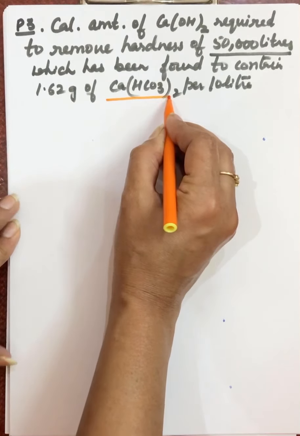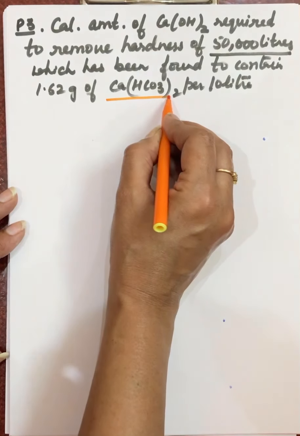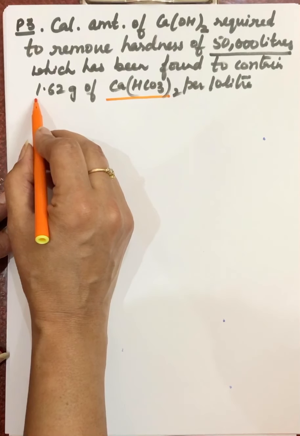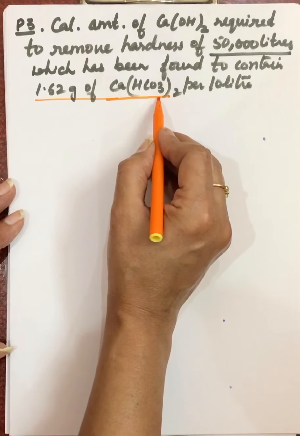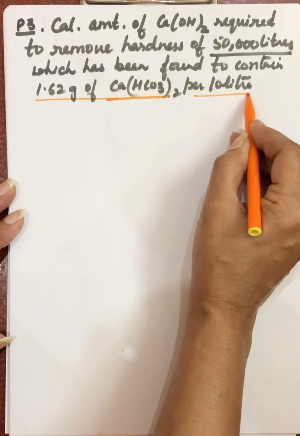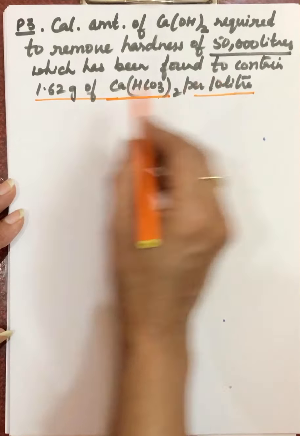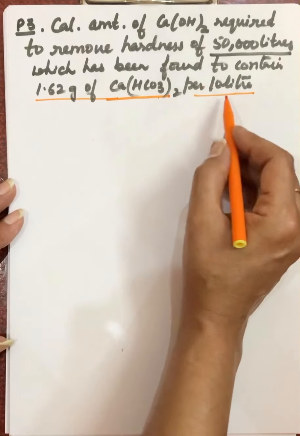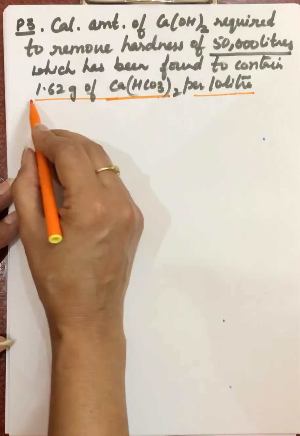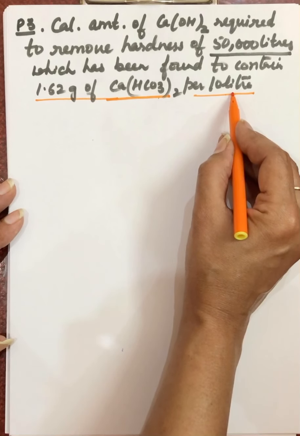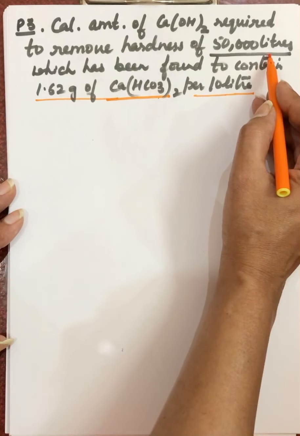To remove that hardness: 1.62 gram calcium bicarbonate is present in the 10 liter water, and we have to remove the hardness from 50,000 liter water.